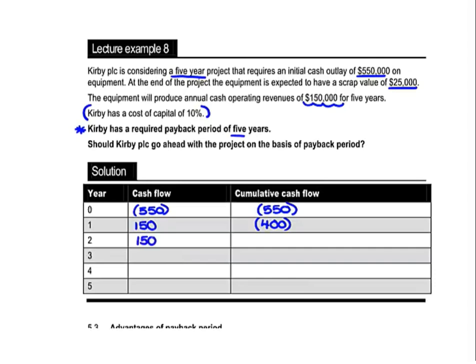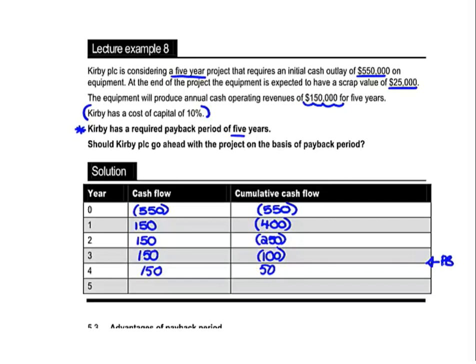Then another $150,000 in year 2, giving negative $250,000. Another $150,000 in year 3, so that will be negative $100,000. And another $150,000 in year 4, so by the end of the 4th year, we have a positive figure. So the payback period is going to occur somewhere between year 3 and year 4.